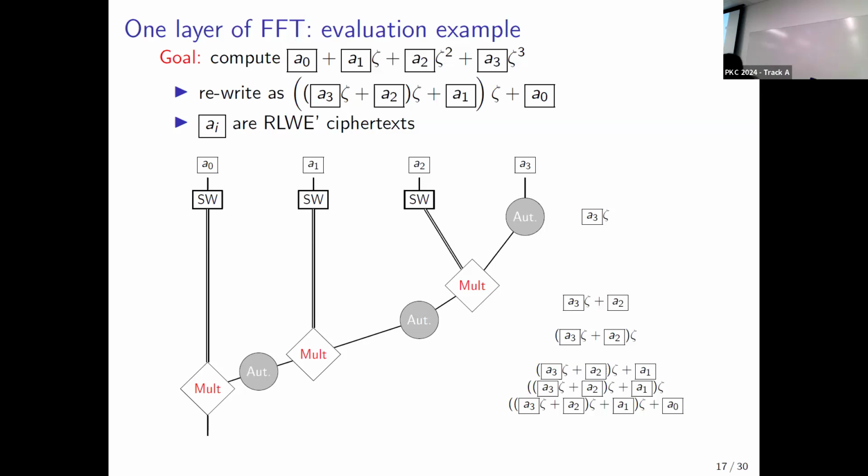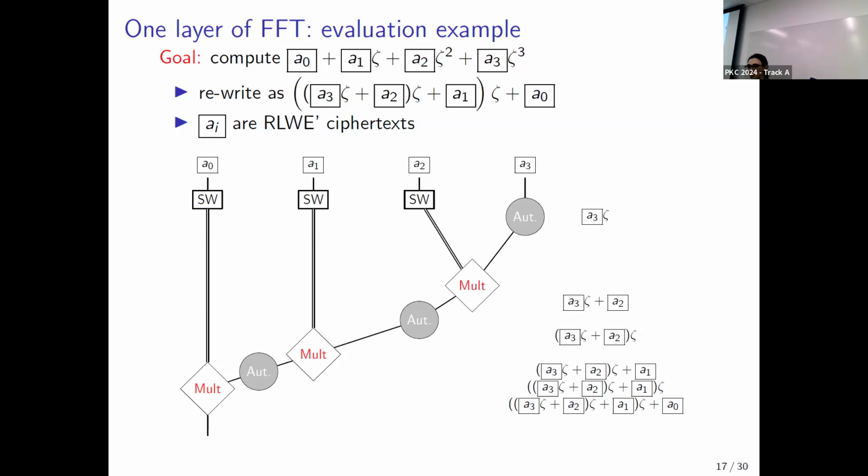So we have a sum of encrypted values. Some of them are multiplied by these twiddle factors. This formula can be rewritten in different forms, just like in the second line of the slide. And recall that the a_i are RLWE prime ciphertexts. So for example, this could happen in our FFT algorithm. This is a computation resulting from a polynomial being reduced modulo another polynomial.